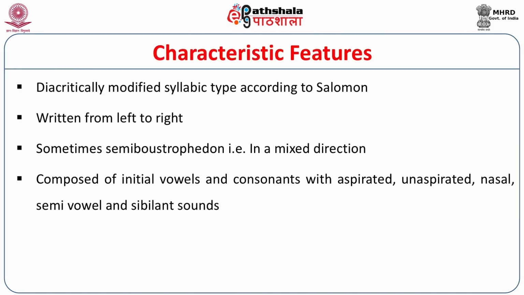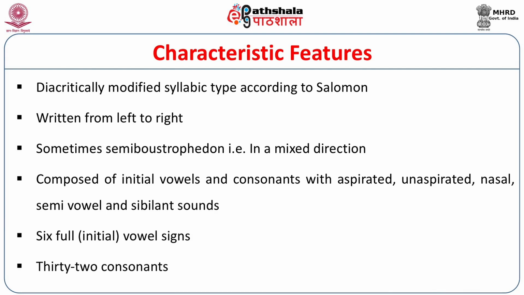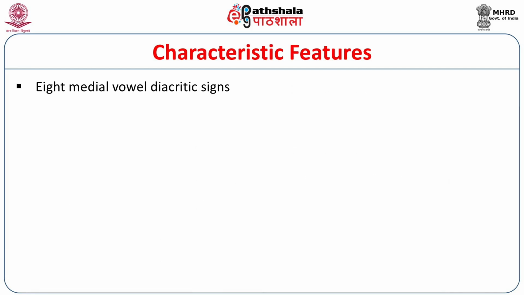Then we have a composition in this script of initial vowels, and consonants with aspirated, unaspirated, nasal, semi-vowel and sibilant sounds. Then we have 6 full vowels, 32 consonants, 8 medial vowel diacritic signs, the Anusvara signs, and with all these forms, the Brahmi of the Ashokan period is a uniform script.